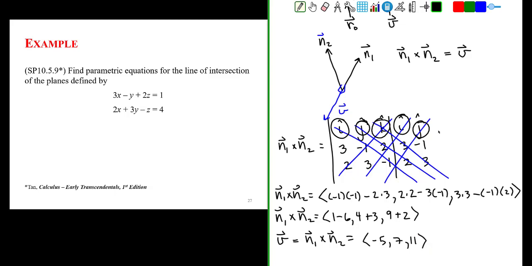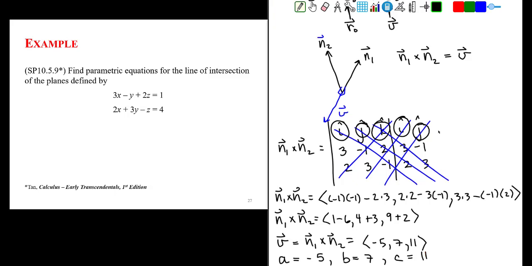This means that a corresponds to the x component of this vector, b corresponds to the y component of this vector, and c corresponds to the z component of this vector.